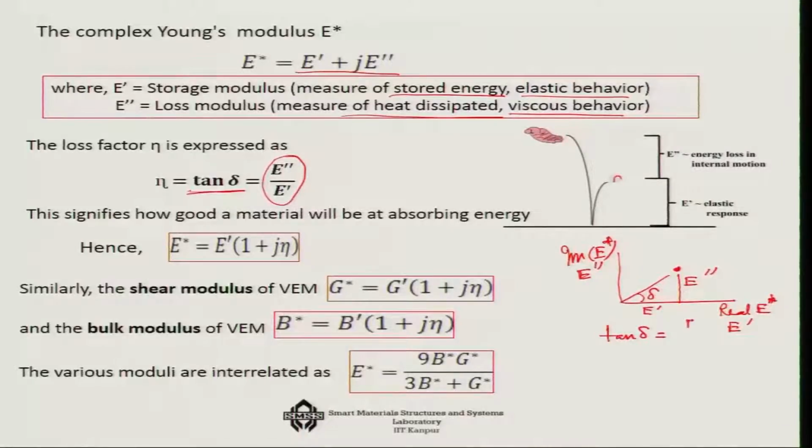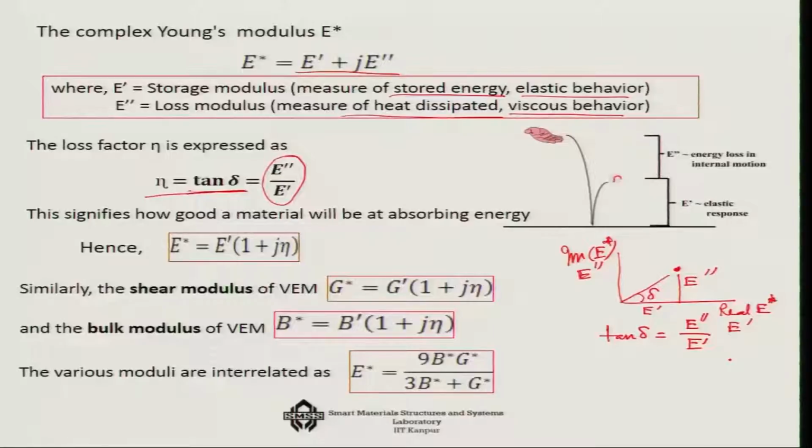This is nothing but your E double prime over E prime. That is a kind of geometric expression. So, this loss factor is something that we are getting back. If you remember, we discussed the loss factor earlier, and you can apply these equations to get the same loss factor back. I will leave it as an exercise for you.